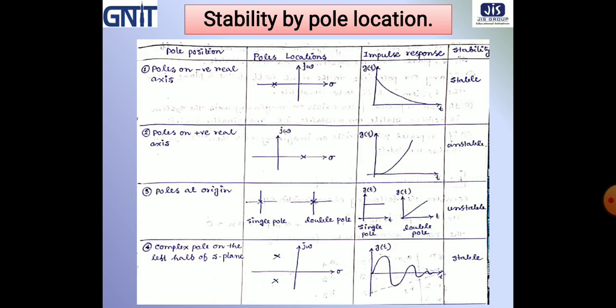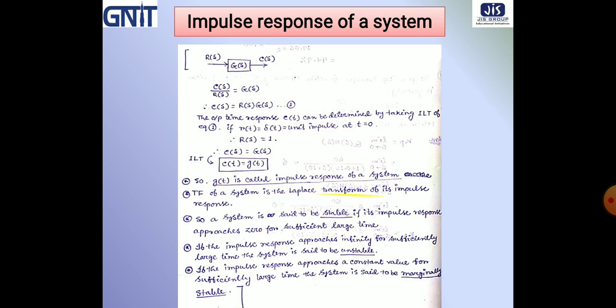For this location of poles, the impulse response will be like this. That means the impulse response approaches 0 after a sufficiently long time. If the impulse response approaches 0, then it is called stable.